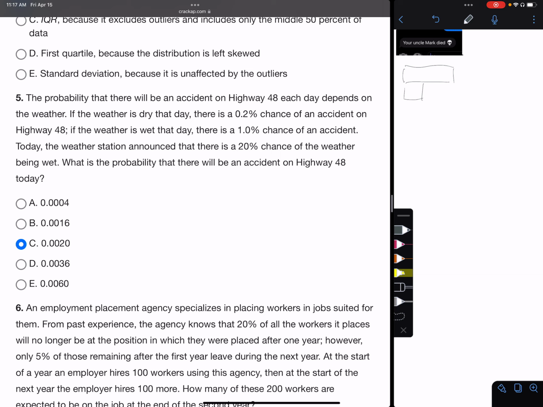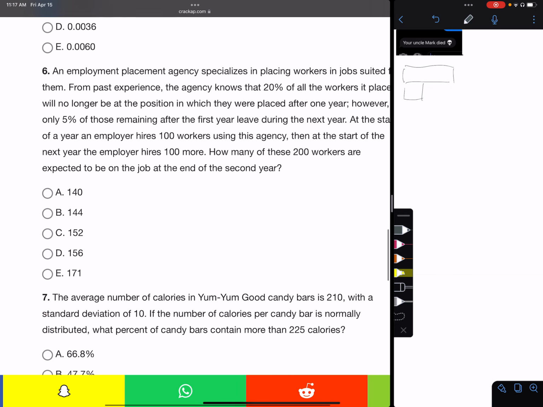So it's just 20 divided by like 100. Yeah, let's see. It has to be.